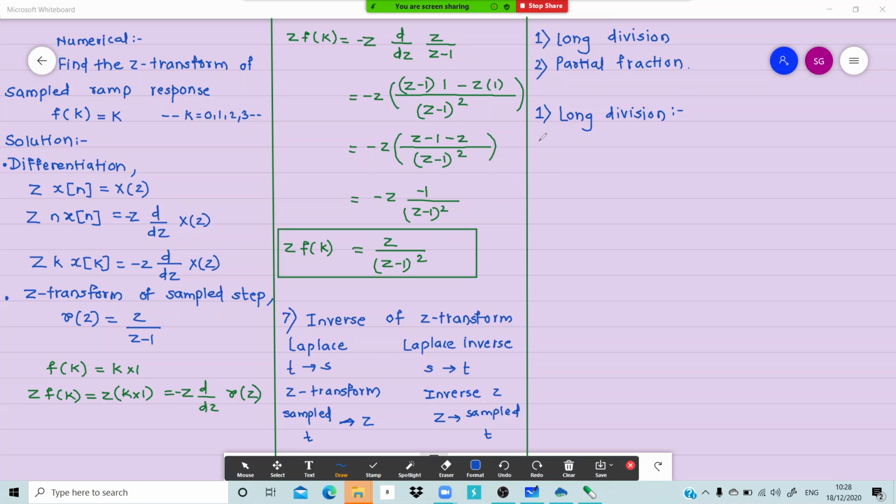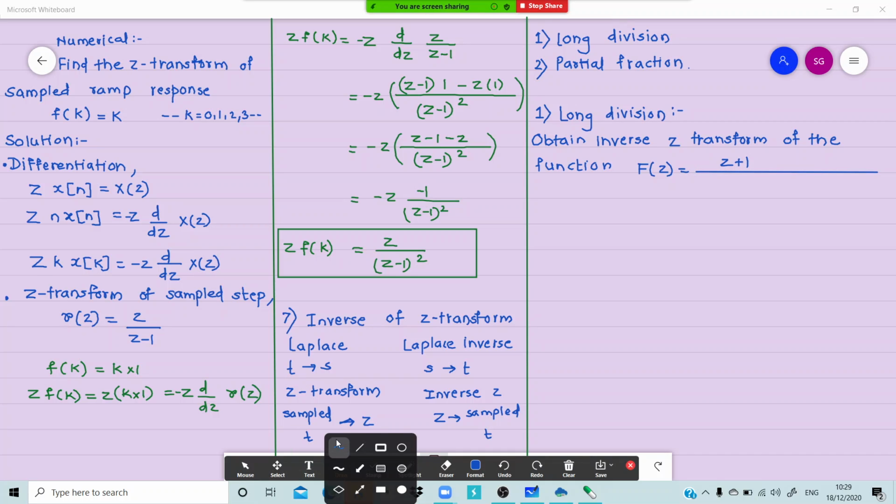So obtain inverse Z transform of the function f of z is equal to z plus 1 over z square plus 0.2 z plus 0.1. Right?